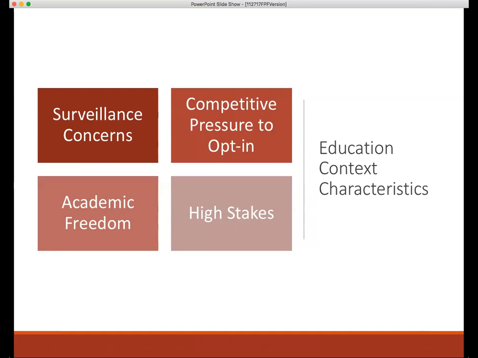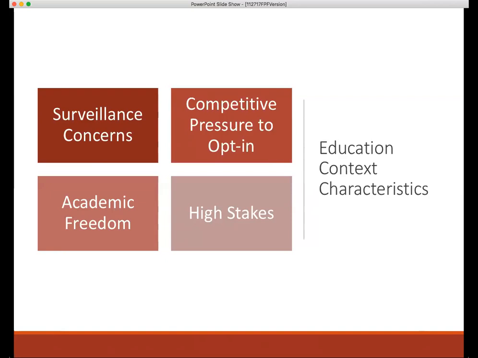So while higher education is not compulsory, in many cases, the choice to opt in or opt out is not a practical one for many students. Few students would choose their institution on the basis of its privacy policies and practices, as opposed to other important things like the location or caliber or financial aid they would receive from a school.